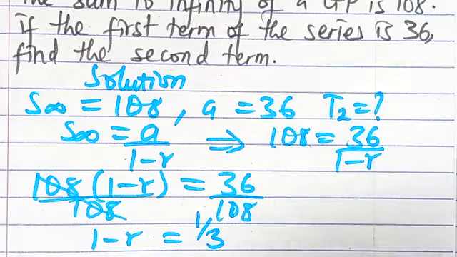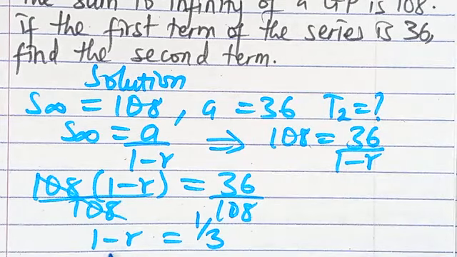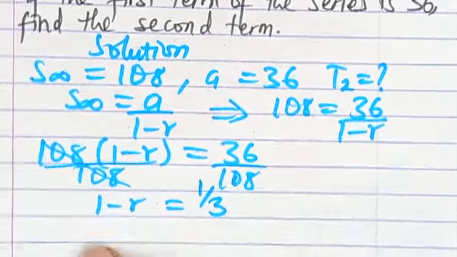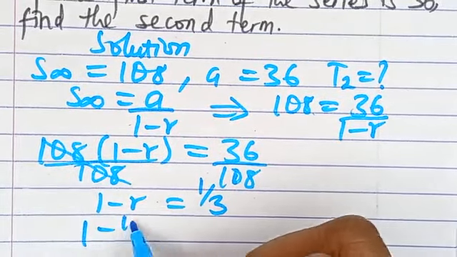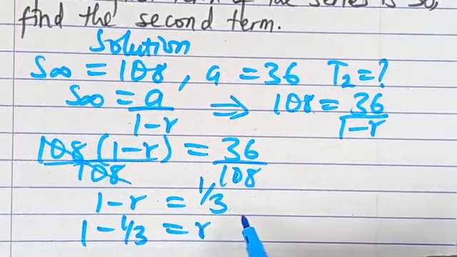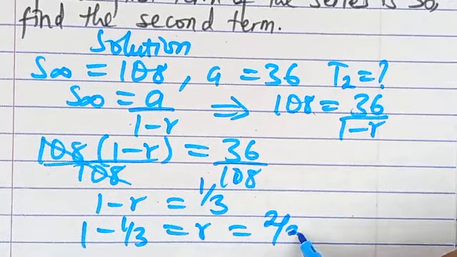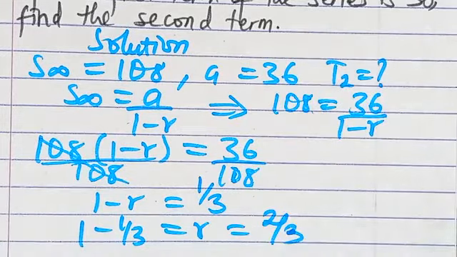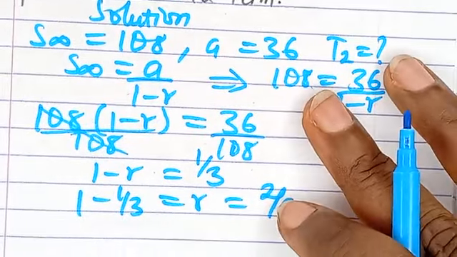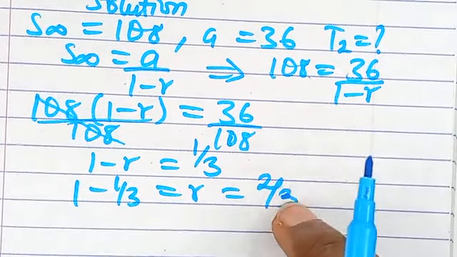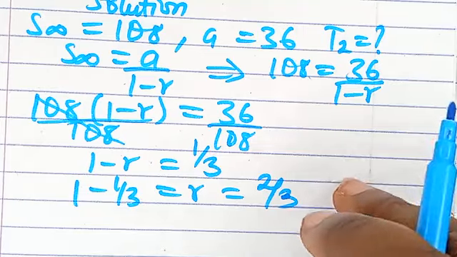All we have to do at this stage is to interchange these two. Minus R comes here to be plus R, and 1 over 3 comes here, so 1 minus 1 over 3 is equal to R. 1 minus 1 over 3 is equal to 2 over 3. So R is equal to 2 over 3, and we can see it's a fraction between minus 1 and 1.